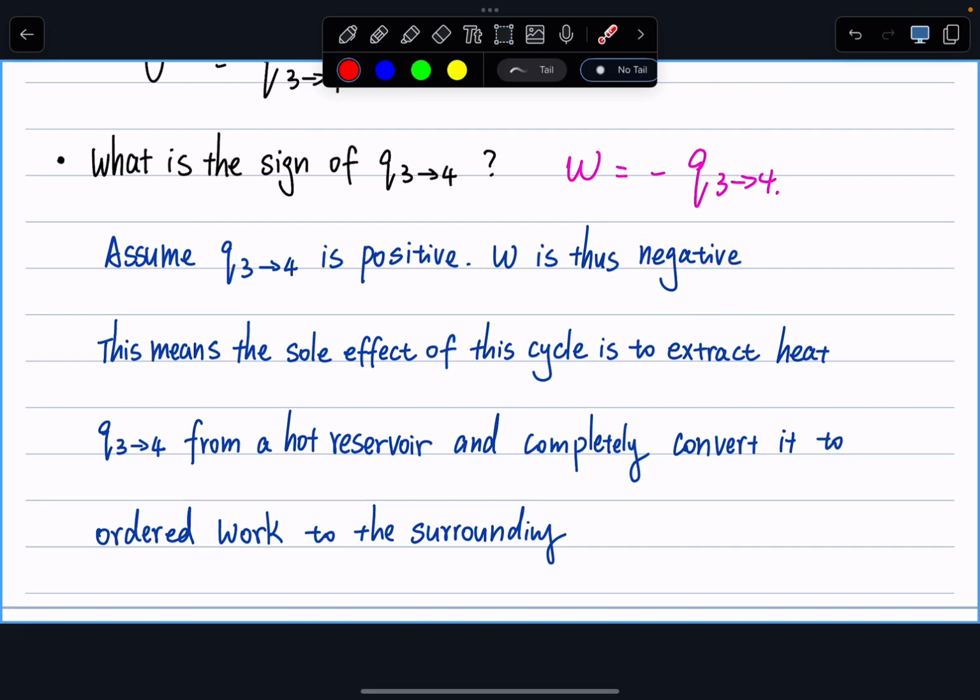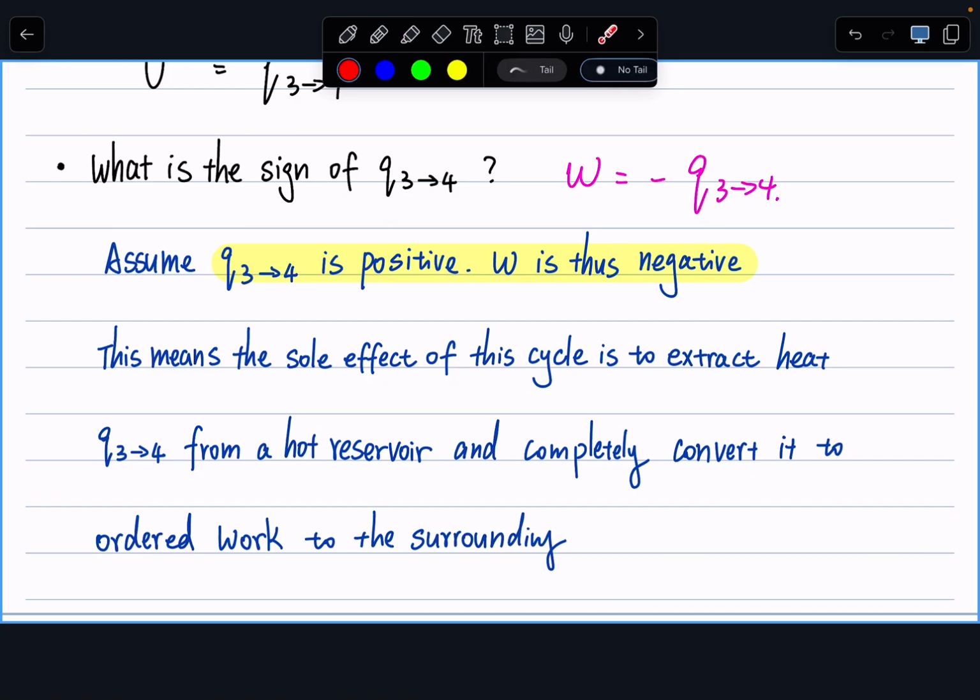So what does this sentence tell us? A heat transfer being positive means my system, this cycle, is absorbing heat from the surroundings. And the total work output means this cycle is doing work on the surroundings.